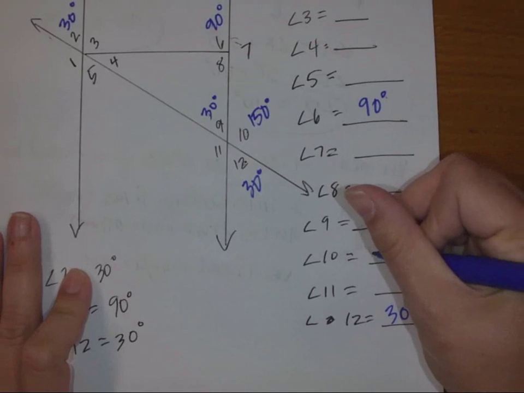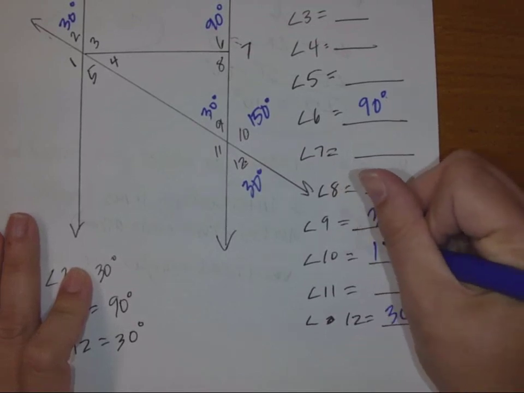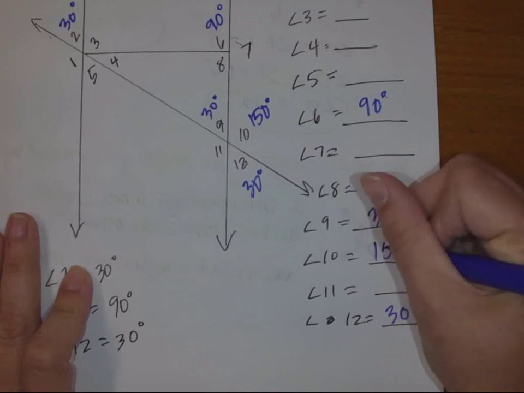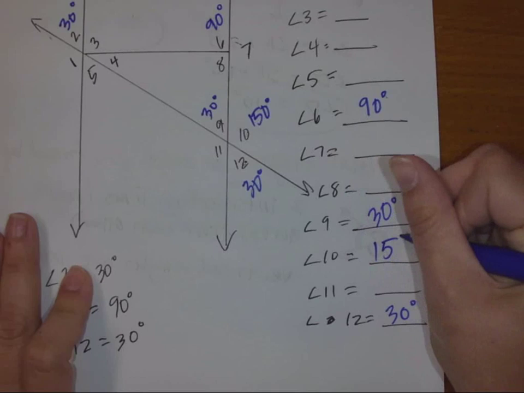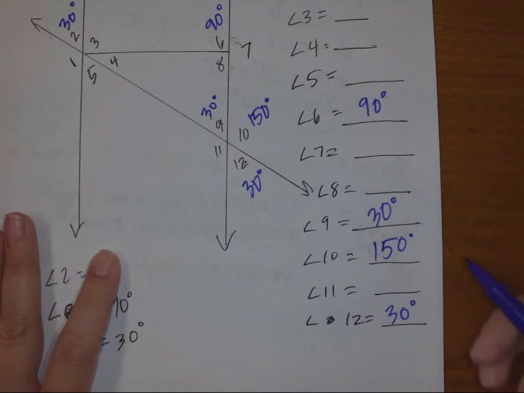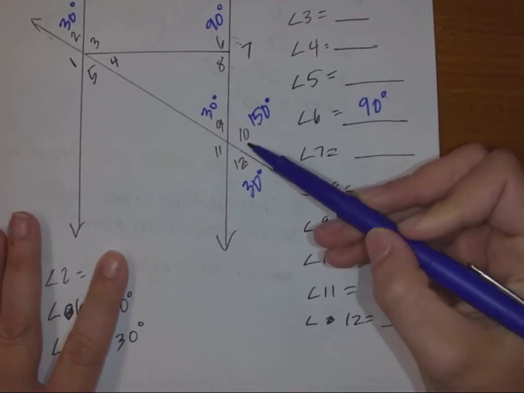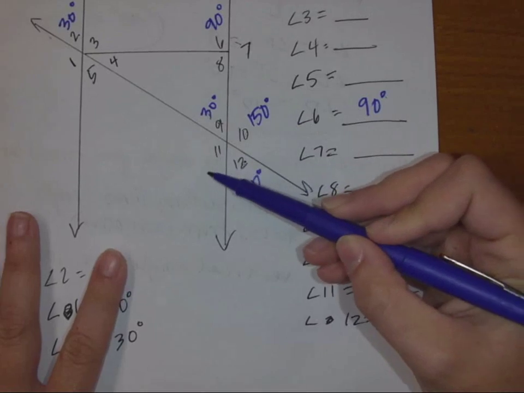So angle number 4 is 60 degrees. To find angle number 3, there are lots of different ways. You could say that angles 4 and 3 equal 150, so 150 minus 60 gives me 90. Or you could say all 3 of these are supplementary, they're all on a line, so they add up to 180. 60 plus 30 is 90, so that one also has to be 90 degrees.